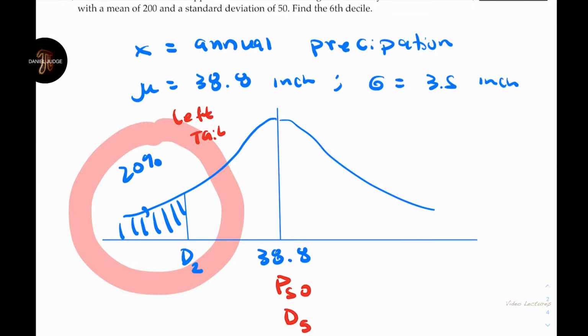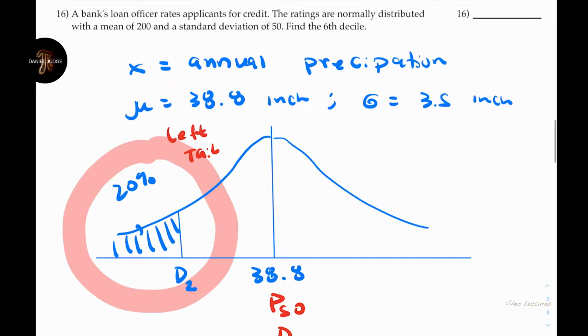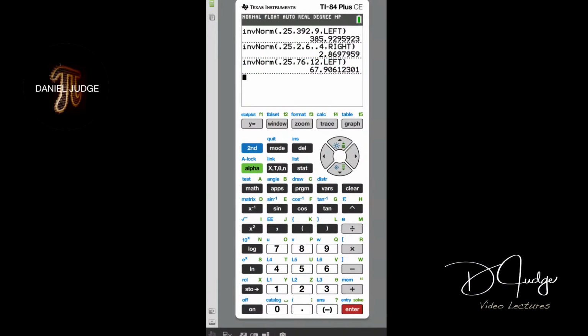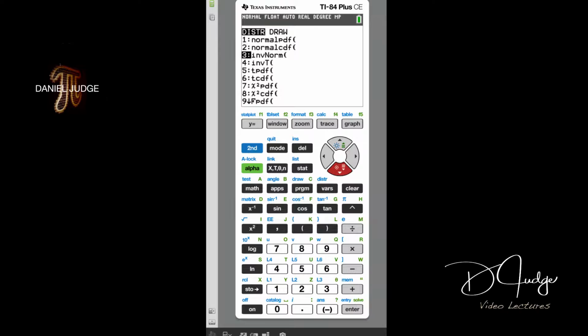Take a look. Now, in your TI, let's try the TI here. We're going to clear this out. Second distribution, inverse norm. 20%, 0.20, area to the left, but we need a new mean. Precipitation, rain, is 38.8. Standard deviation is 3.5. Area to the left, that's a left tail.